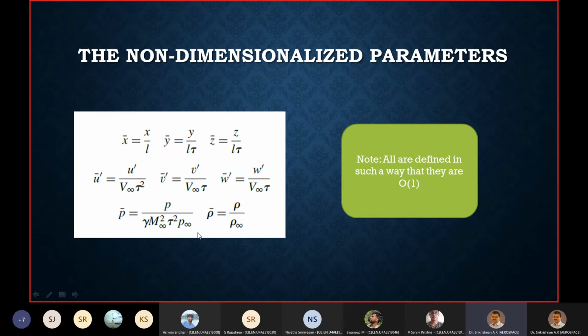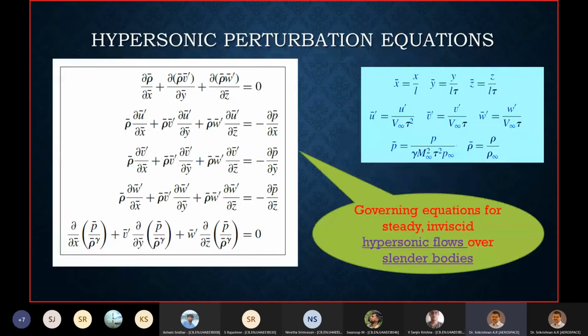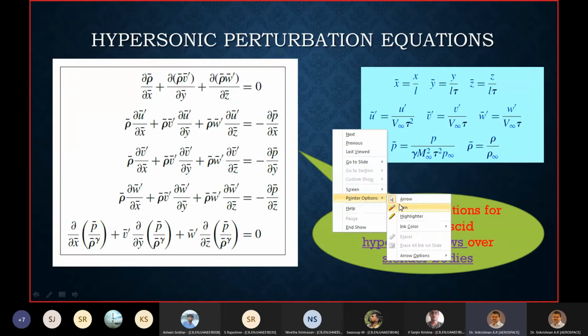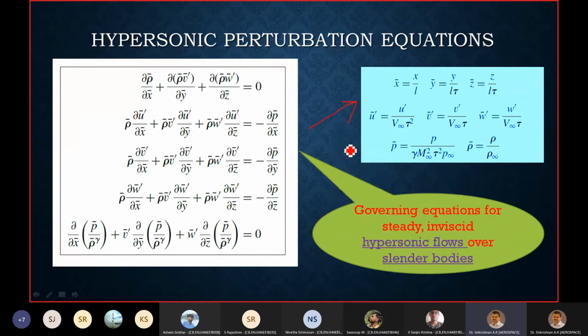So by this process of simplifying and non-dimensionalizing, the hypersonic perturbation equations can be written as follows. That derivation is a long mathematical process, so let's leave it aside. With the terms that we have defined, I reproduce them again here on the right hand side.